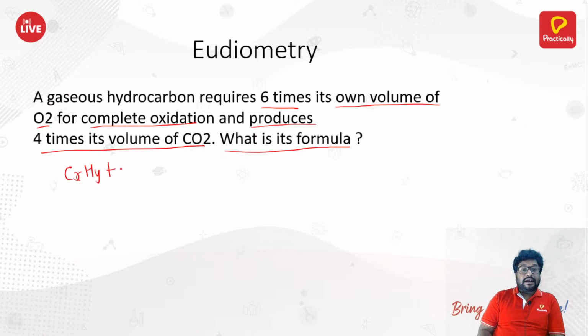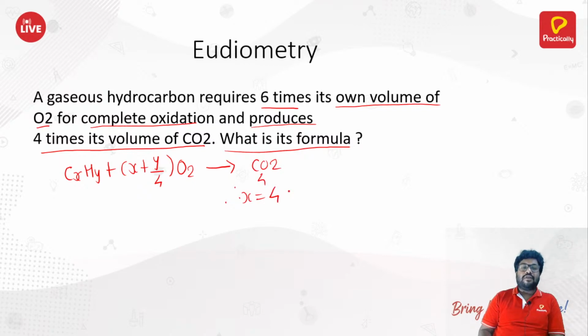CxHy reacts with x plus y by 4 moles of O2. It gives you 4 times its volume of CO2. Okay, that means the CO2 that you got is 4. So basically x is 4 now.